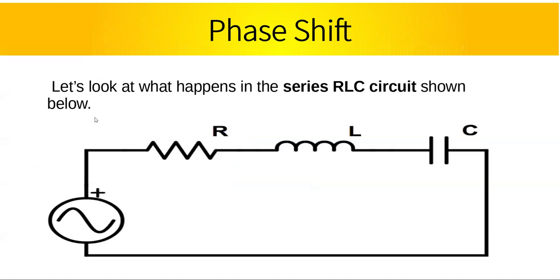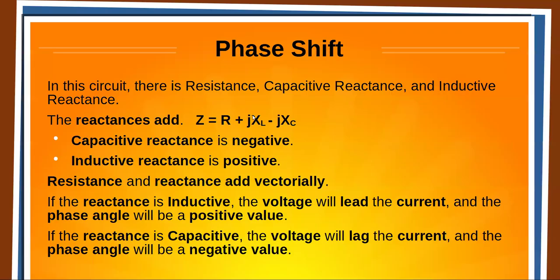Okay, now we've got a series RLC circuit. So we have resistance, capacitive reactance, inductive reactance. So they all add up. So we get the real part plus the result of the imaginary part, which is the difference between them. So if it's negative, it's capacitive. If it's positive, it's inductive.